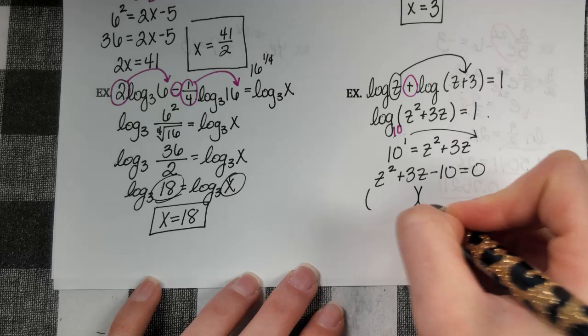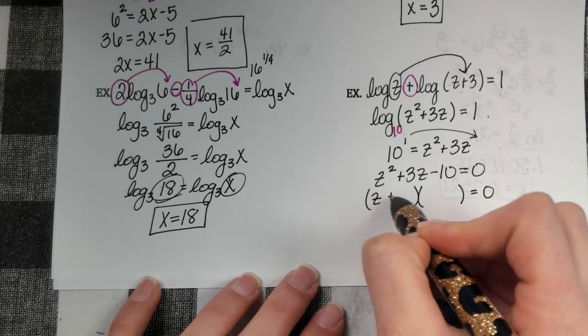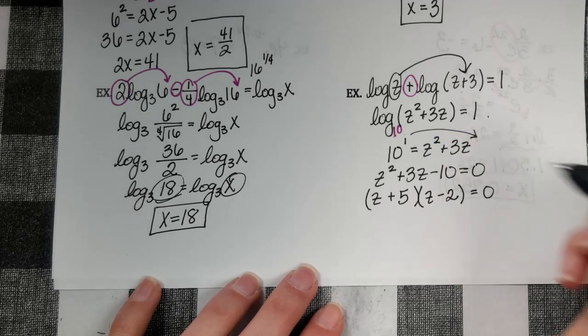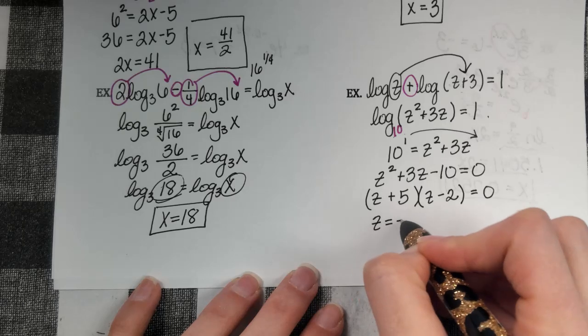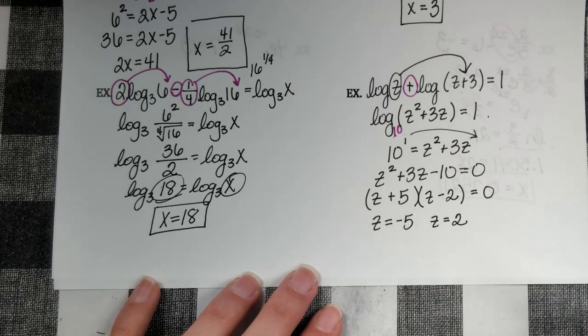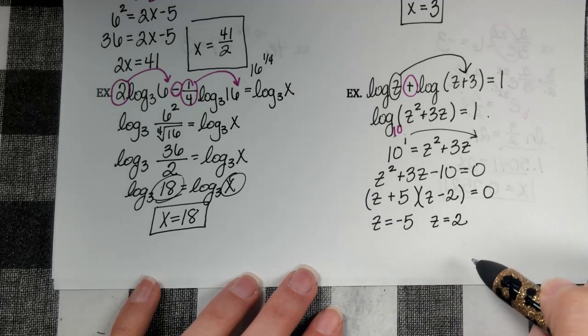What is that going to factor to? z plus 5 and z minus 2. Good. So what does that tell me my z values are? -5 and +2.